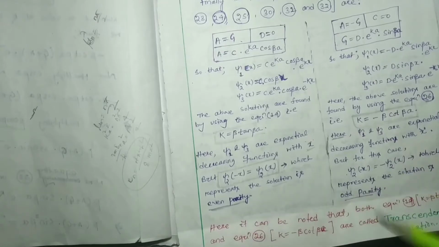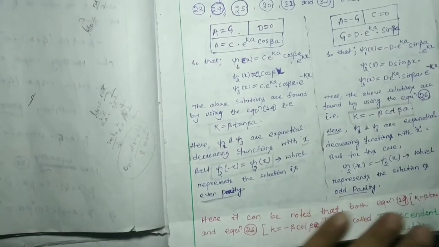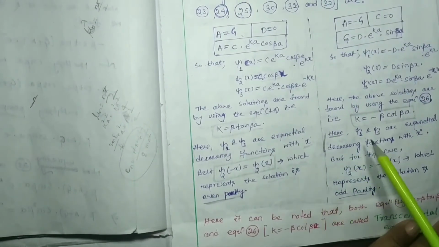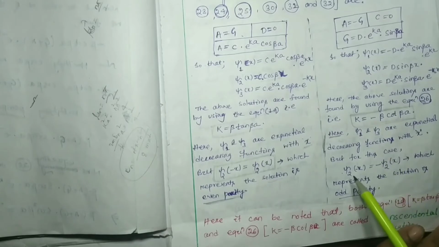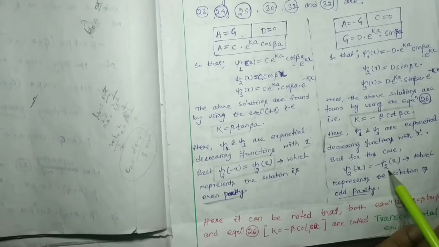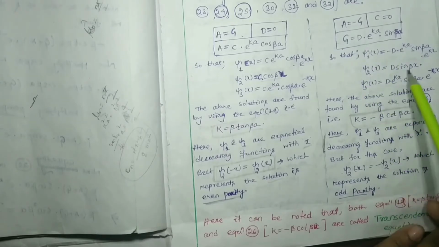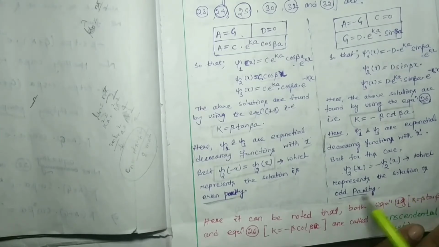We know that from when we discussed operators. But in this case psi 2 of minus x is equal to minus psi 2 of x, because here psi 2 is an odd function, which represents the solution with odd parity.